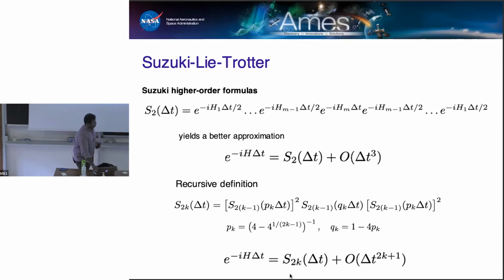For some integer k, if you take the product of exponentials defined by S at 2k, then the error per segment, per time step, is order delta t raised to the power 2k plus 1. That actually explains why I have Suzuki in the Suzuki-Trotter formula, even though people will call it Suzuki-Trotter or Trotterization for short. They all roughly mean the same thing.